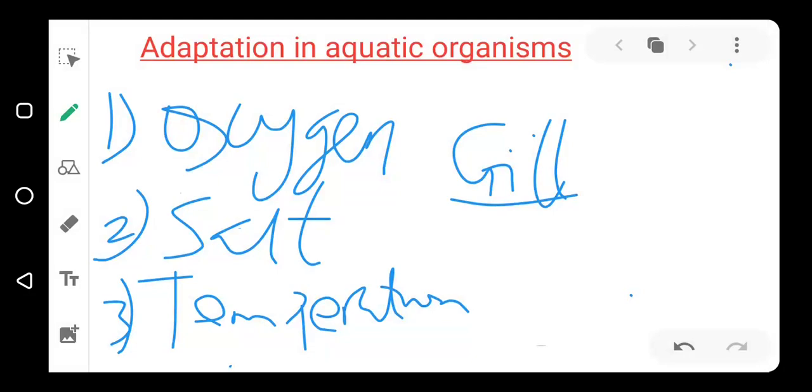So this is how these organisms also survive extreme cold environment inside the water bodies. They use their scales and their fur and other specialized skin parts to regulate their body temperature.